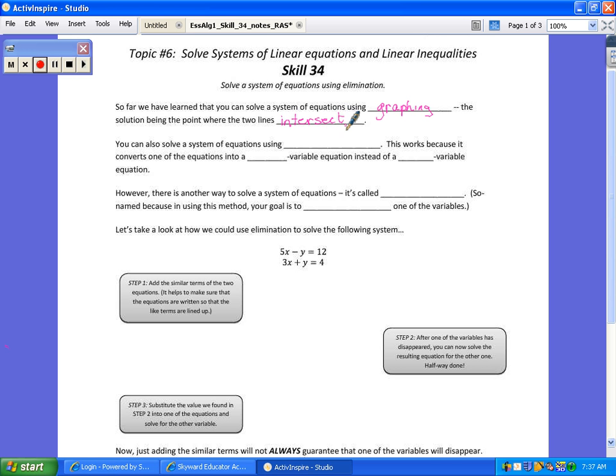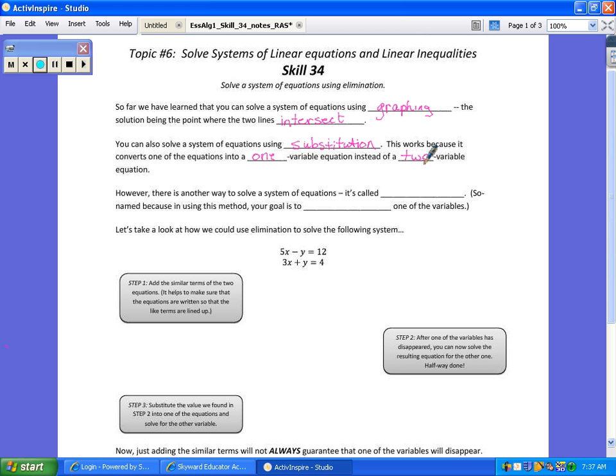We also have looked at another method of solving systems of equations, and that was using substitution. And this works because it converts one of the equations into a one-variable equation instead of a two-variable equation.